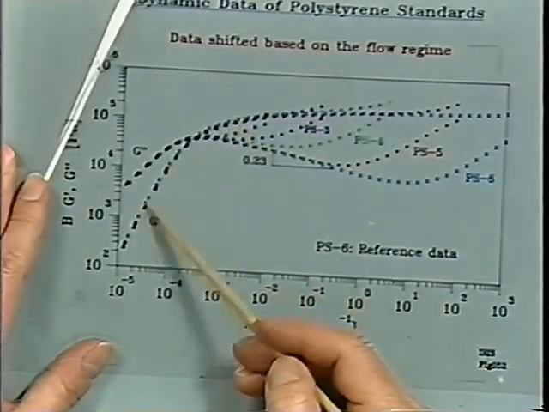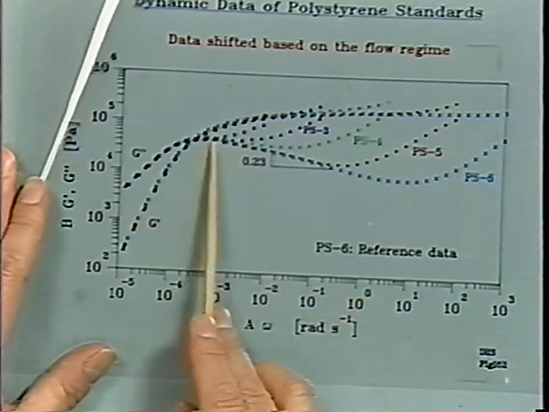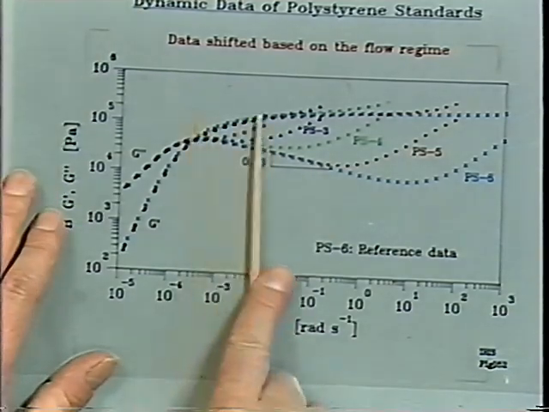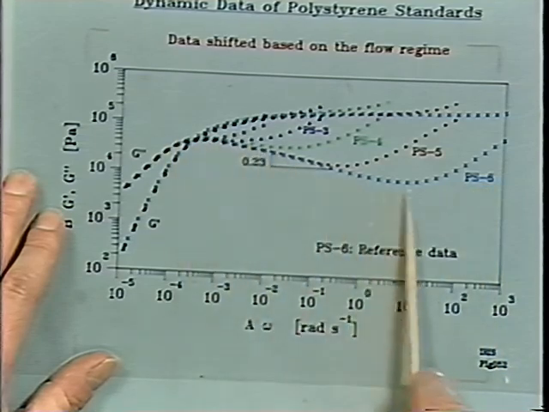So let's take Schausberger's data now and shift them all on top of each other so that we can compare the terminal zone. This is G prime, G double prime, and note for the low molecular weight, the upturn was very soon, the entanglement region was very short, and then for the 2.5 million, the long molecular weight, we have this long region.